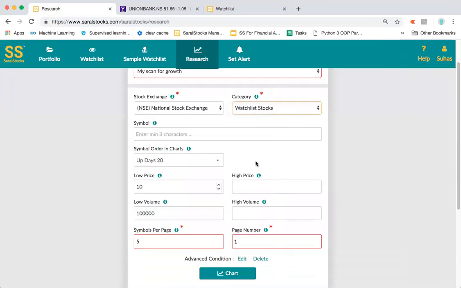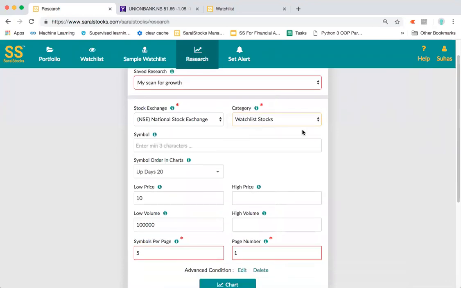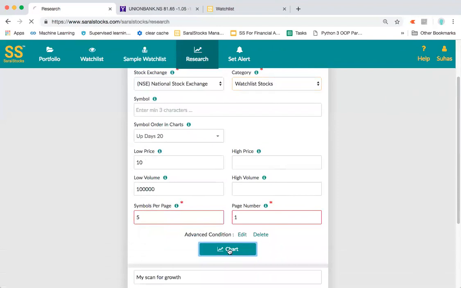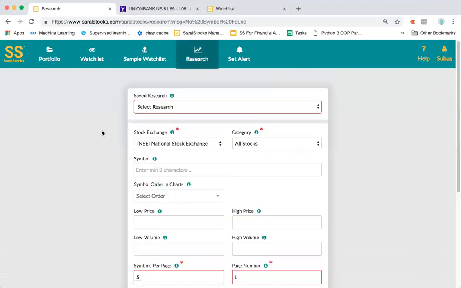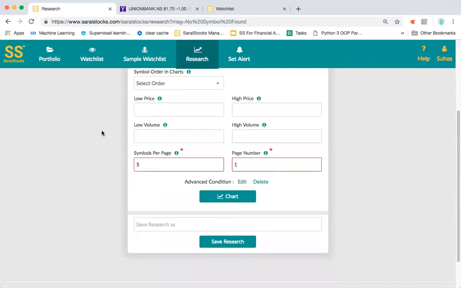So instead of scanning the entire stock market, it will only scan my watch list stocks that match these criteria and then show me the stocks. And clearly there are no stocks in my list, so I don't see anything here. The symbols per page, it just shows how many symbols I can have on a stock page, on a chart.